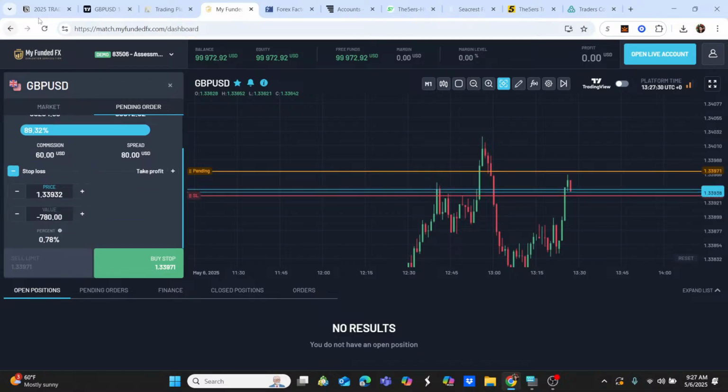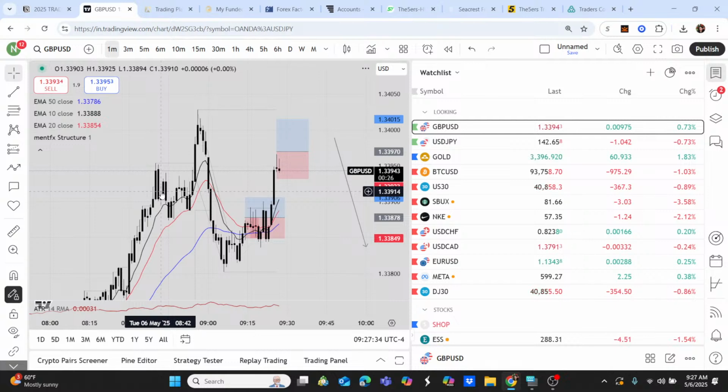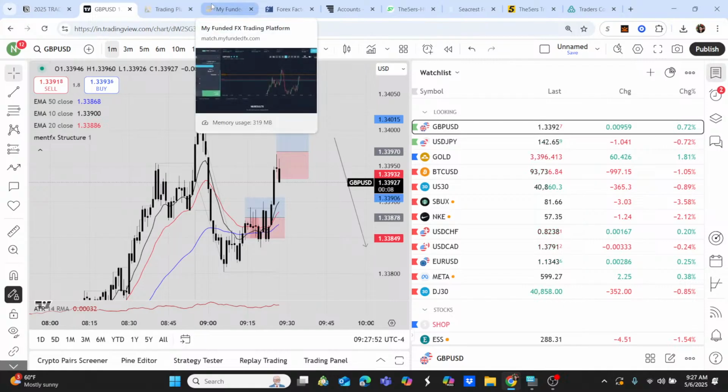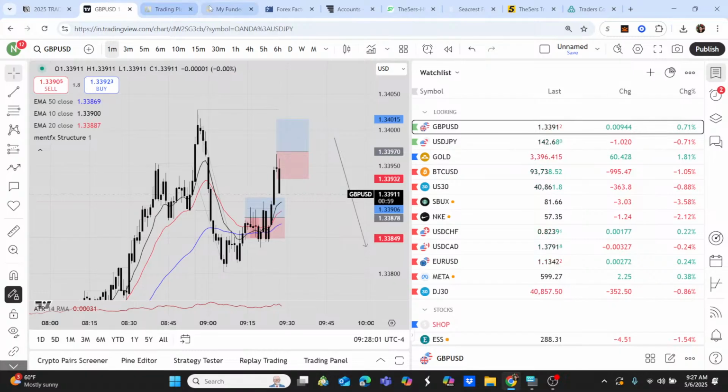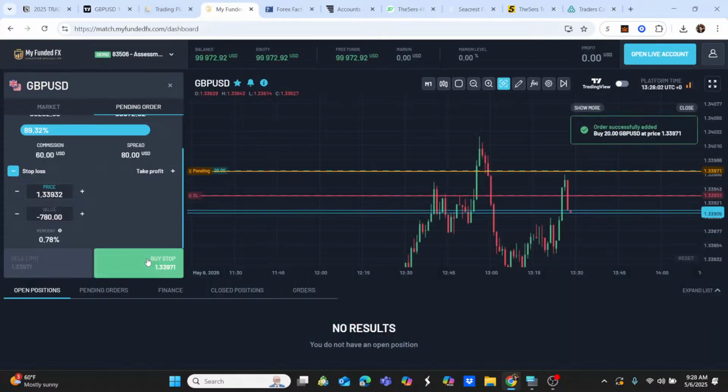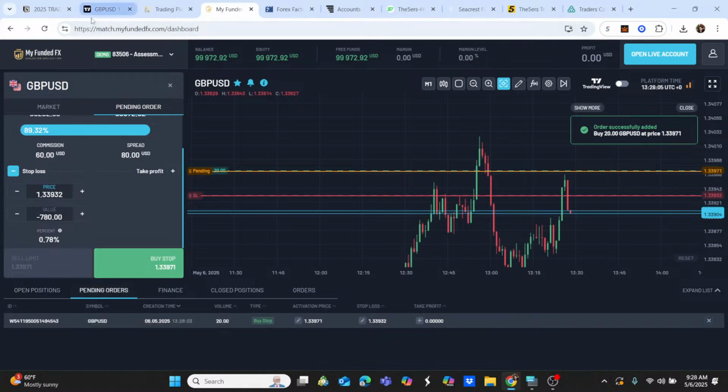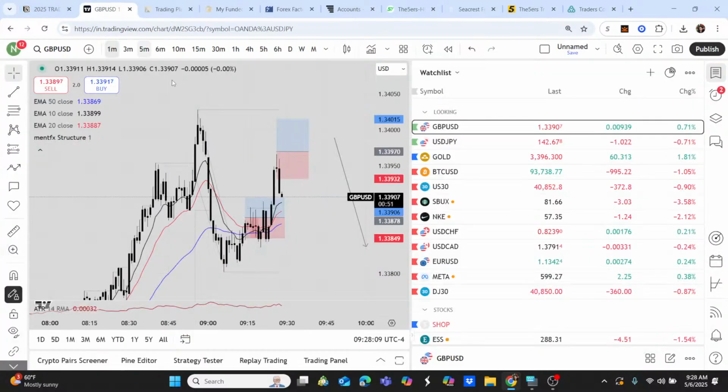Damn. There's 20 seconds left. Alright, so I got another buy stop set up right here. If price ends up re-breaking through that on 20 right here, I'll cancel the order.